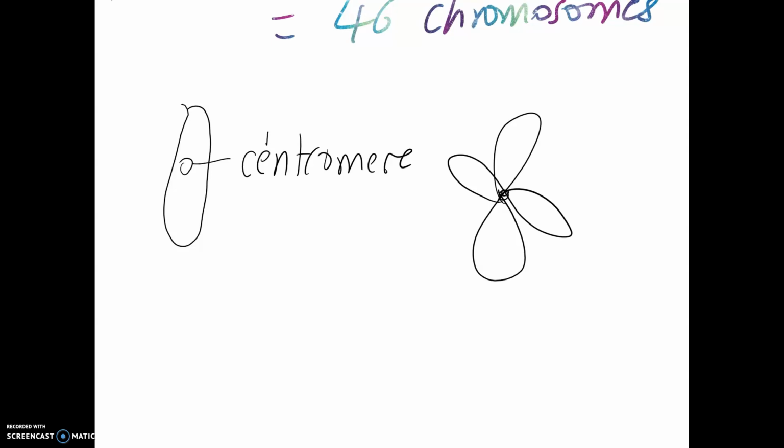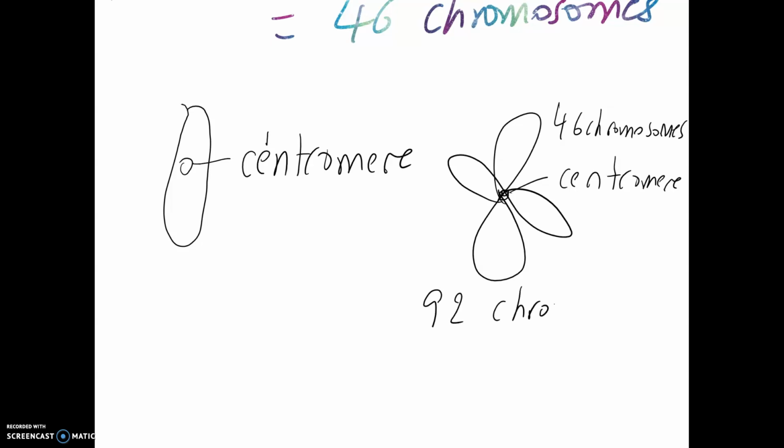This is duplicated chromosomes, still attached in the center by the centromere. But we can say that this is 46 chromosomes, even though we have doubled up, although we could say it's 92 chromatids.